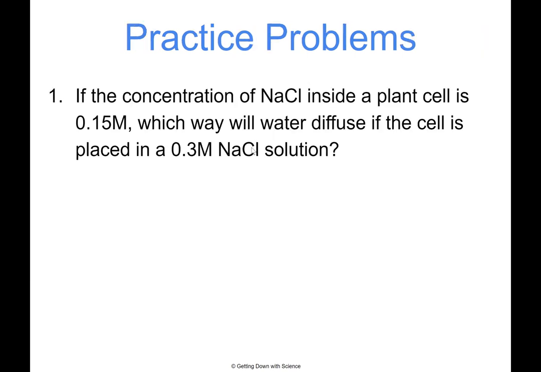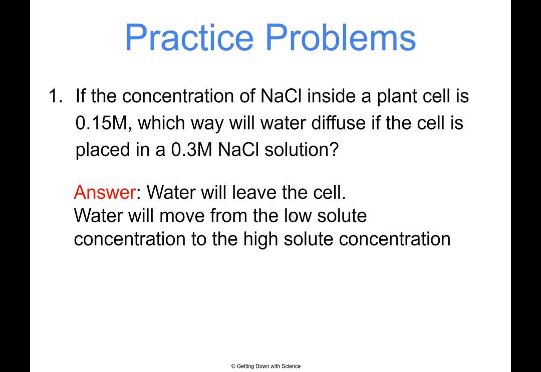Okay. If the concentration of sodium chloride inside a plant cell is 0.15 molar, which way will water diffuse if the cell is placed in a 0.3 molar sodium chloride solution? Water will leave the cell.